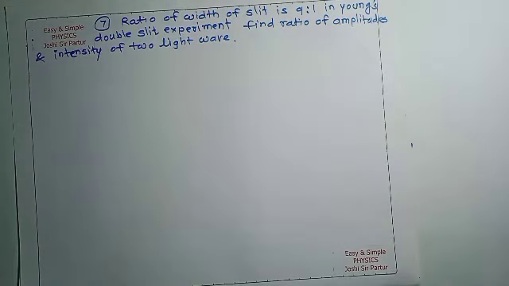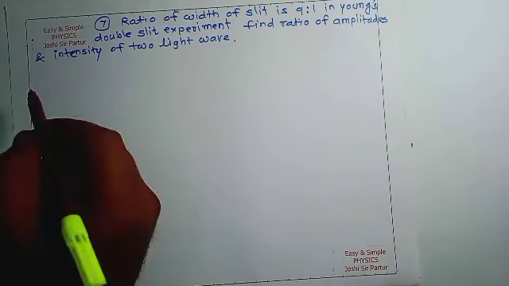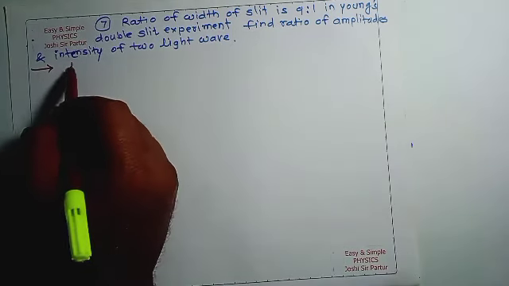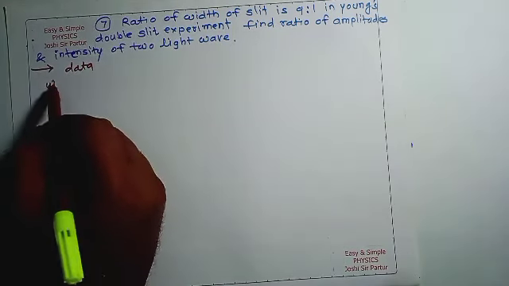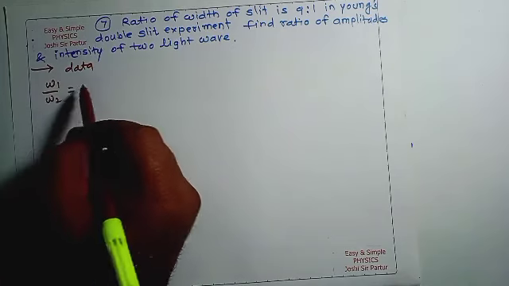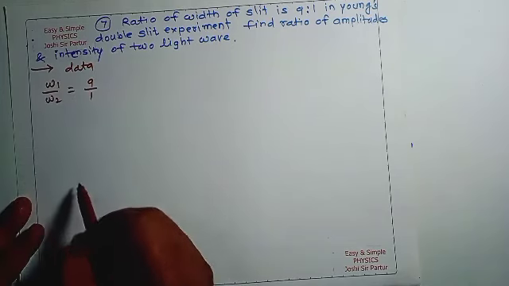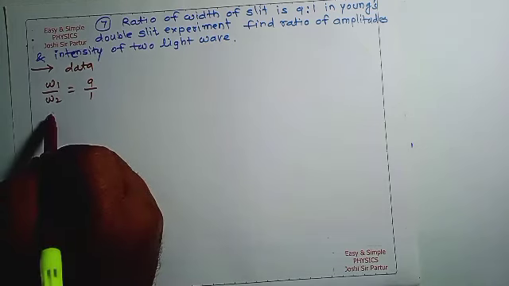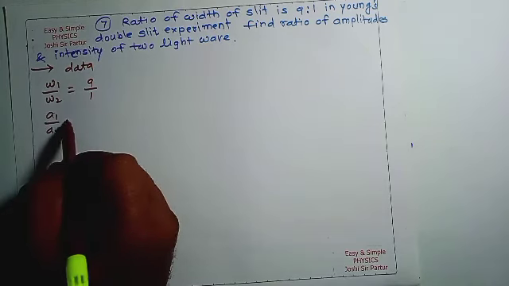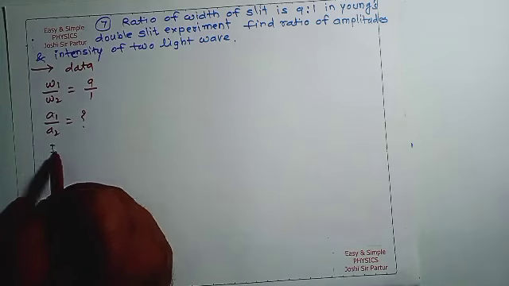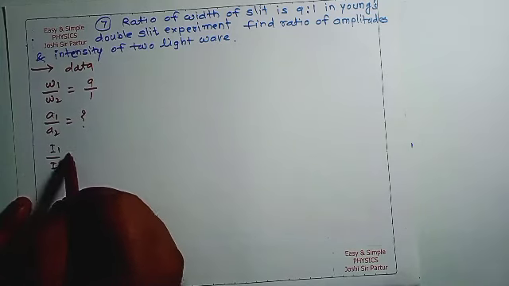Again, ratio of width. Here, the ratio of width is given. In Young's double slit experiment, find the ratio of amplitude as well as the ratio of intensity of two light waves. Here, the data: width 1 to width 2, their ratio is given as 9 upon 1. We can find amplitude A1 upon A2 and intensity I1 upon I2.